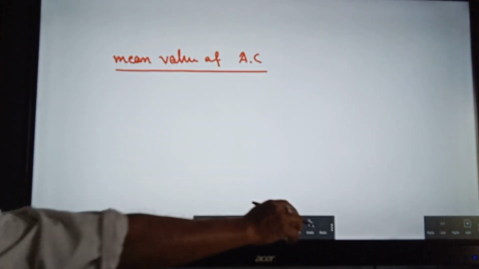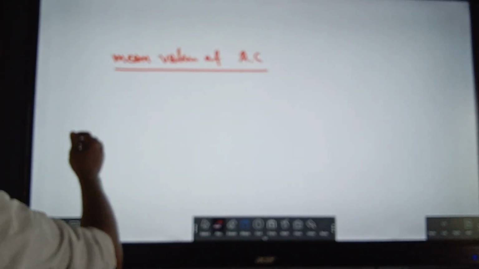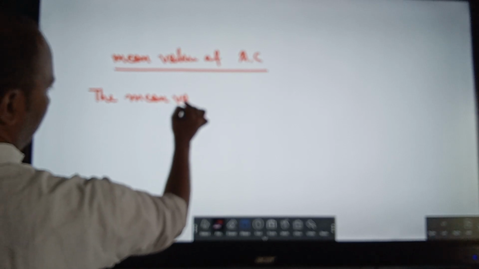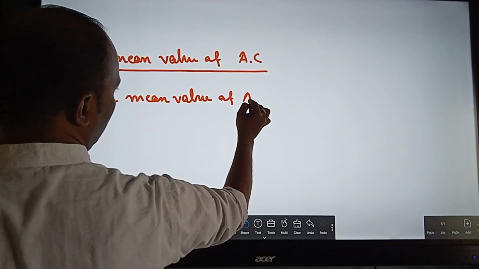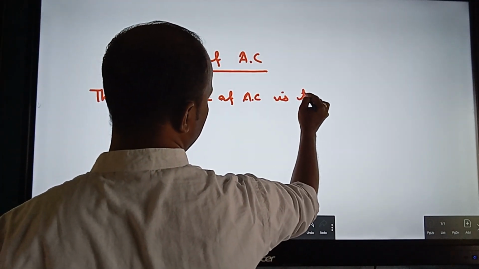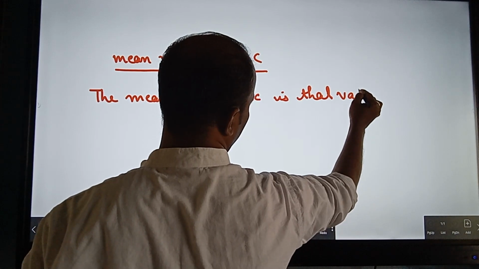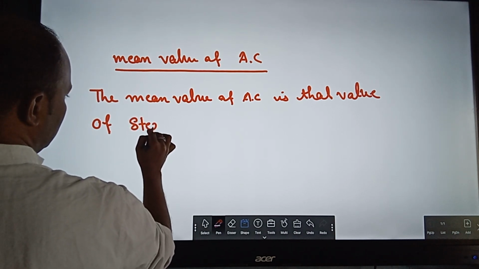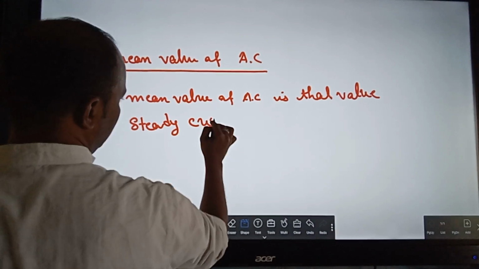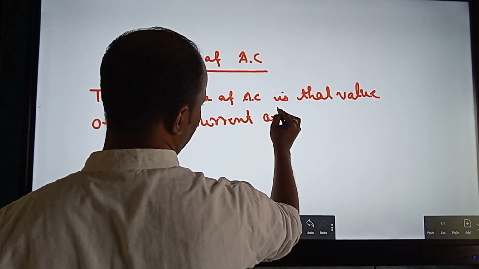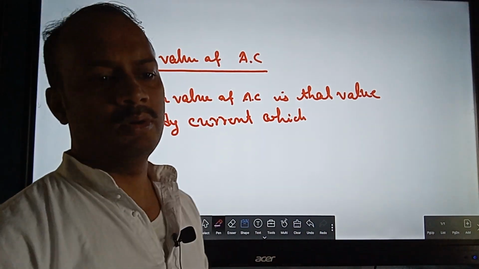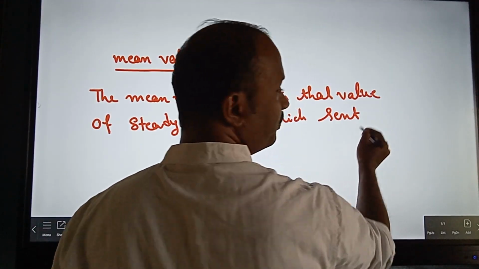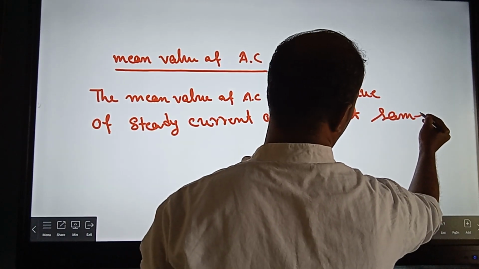Look at here, this is the mean value of alternating current, that value of steady current which sends the same amount of charge.